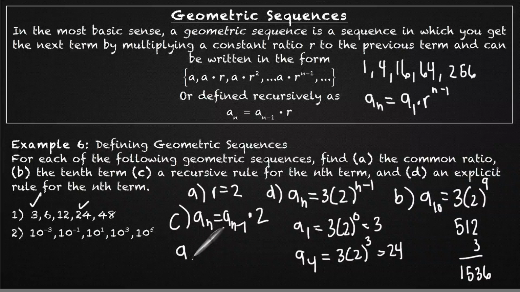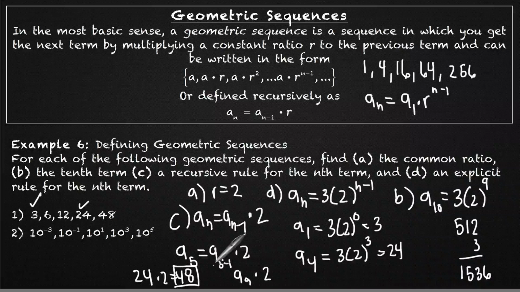If I'm looking for a5, I would say a5 equals a sub 5 minus 1 times 2. 5 minus 1 is 4, so I would take the fourth term and multiply it by 2. So let me see, 1, 2, 3, 4. The fourth term is 24, so that would be 24 times 2, 48. So in other words, if I want the fifth term, I would need to know what the fourth term is.